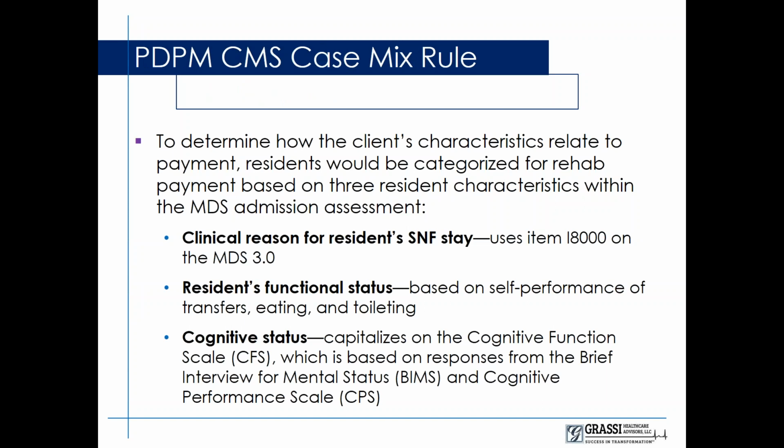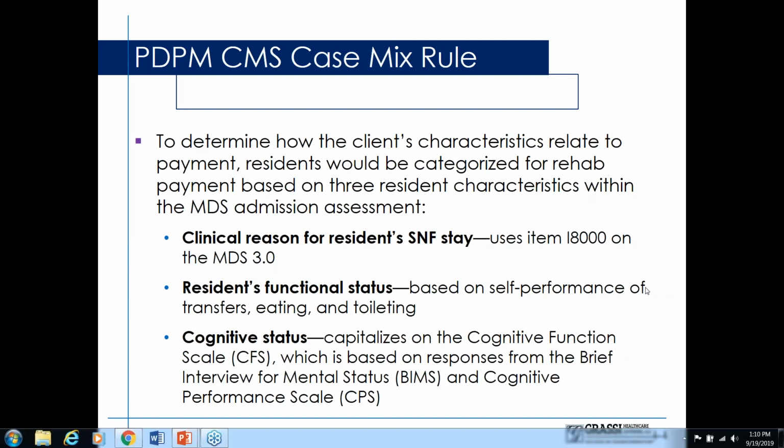To determine how the client's characteristics relate to payment, residents who would be categorized, say, for rehab payment are based on 3 resident characteristics within the MDS admission. One is the clinical reason for the resident's stay, and this is, again, the focus of today's discussion. In item I-8000 on the MDS 3.0, this is where the ICD-10 code representing the diagnosis for which the patient is receiving the most amount of care in the facility is placed.